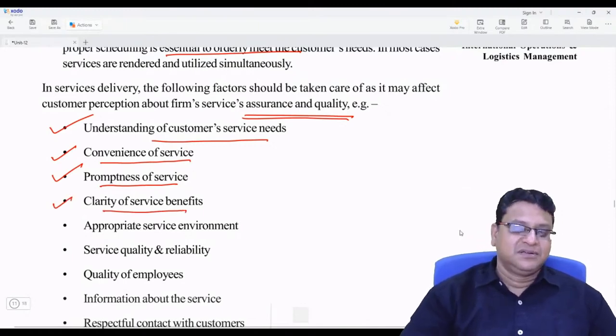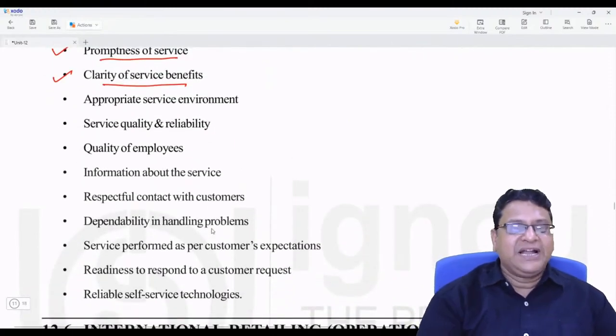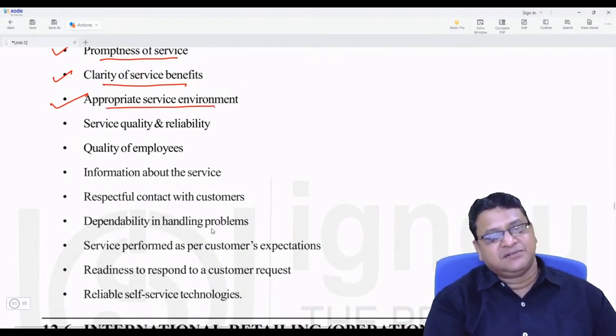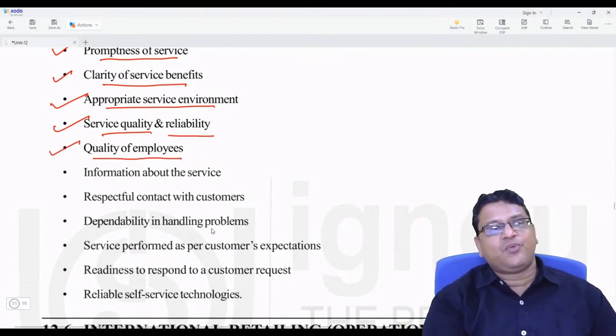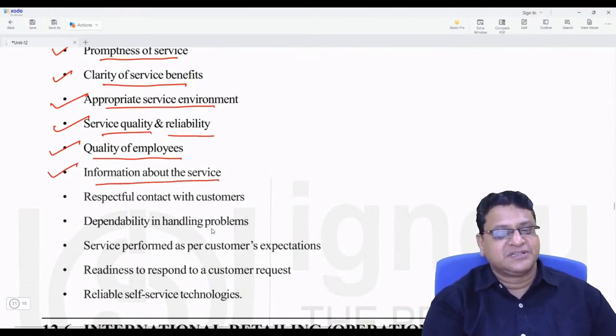benefits. Then you have to provide service in an appropriate service environment. You have to ensure service quality and service reliability. You have to ensure quality of employees. You have to give information about the service.